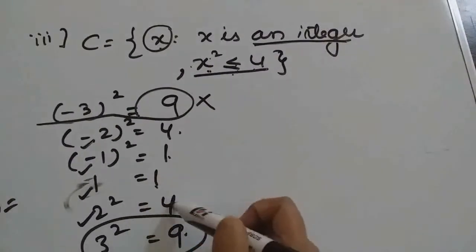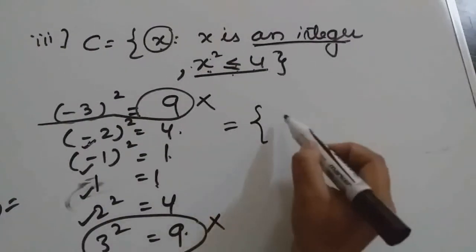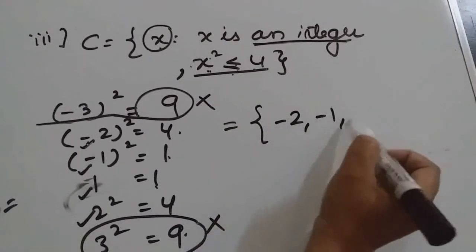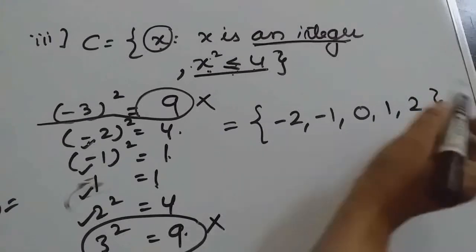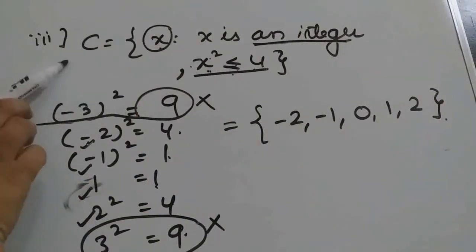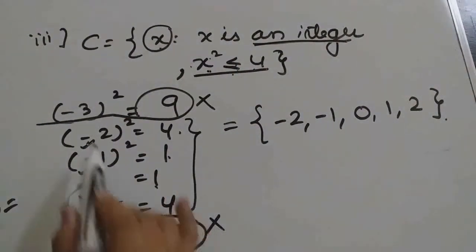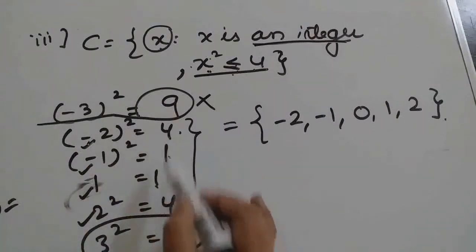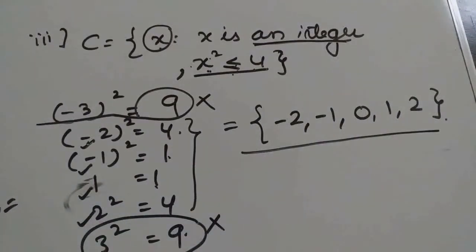So what elements will come? We can write -2, -1, 0, 1 and 2. Because if you consider -4 also, +4 also, then you will get greater than 4. So only these values are giving square as less than or equal to 4. So this will be the required set.